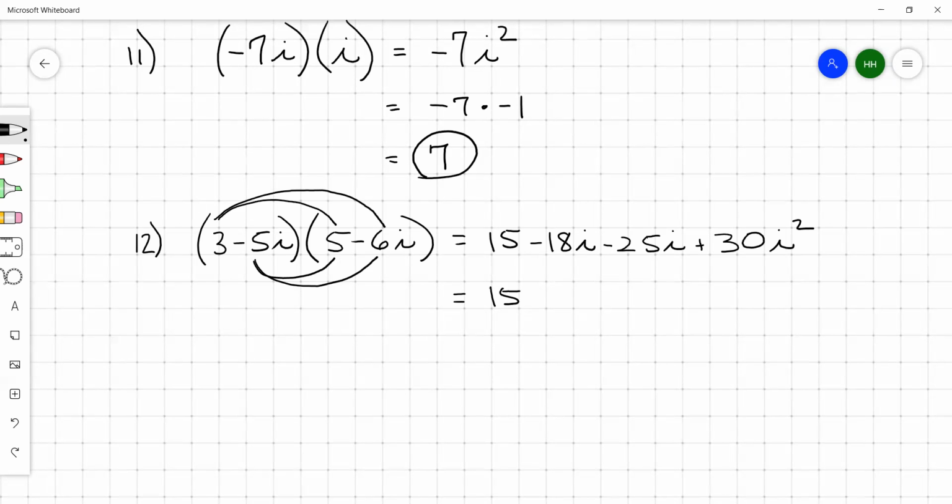That's negative 43i. And then it's plus a 30 times a negative 1. That 30 times negative 1 is negative 30. So now you combine your 15 and your negative 30, and that gives you negative 15. And you bring down your negative 43i.